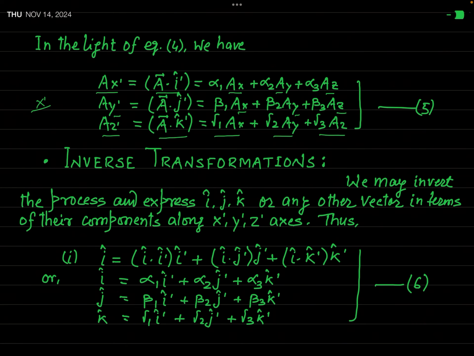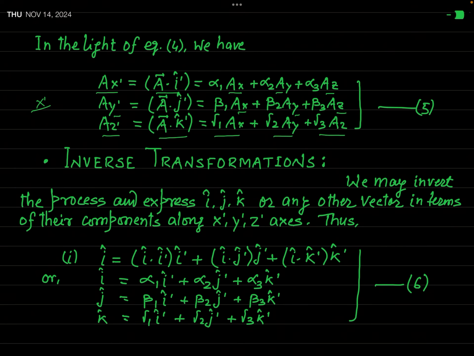Till now we have expressed the components of the position vector, or the components of an arbitrary vector A, in S dashed frame in terms of their components in S frame. Now we can do the same algebra in reverse manner.